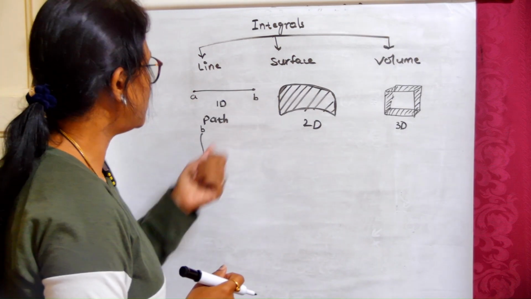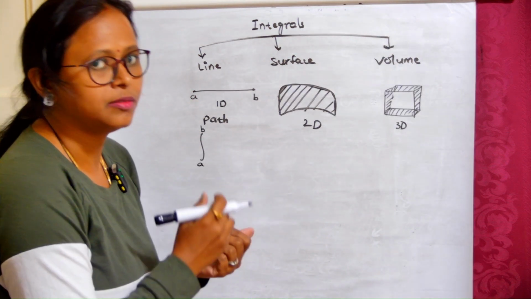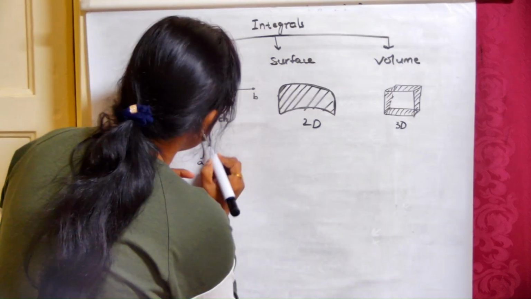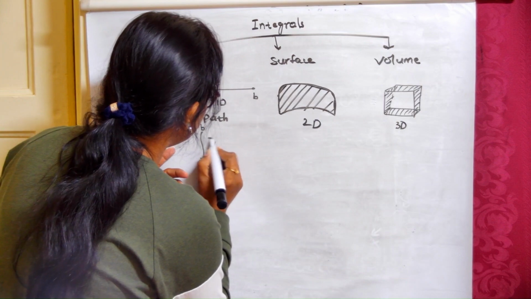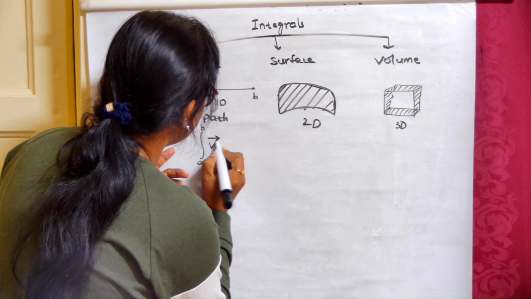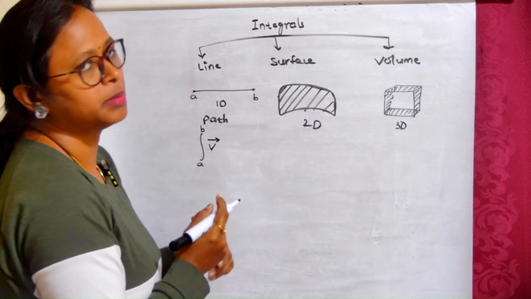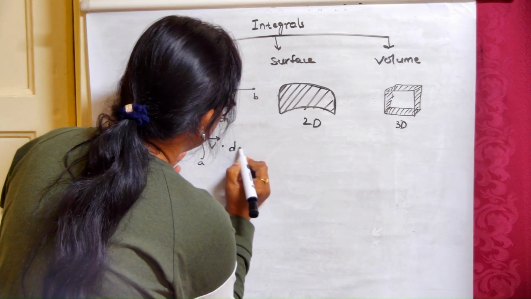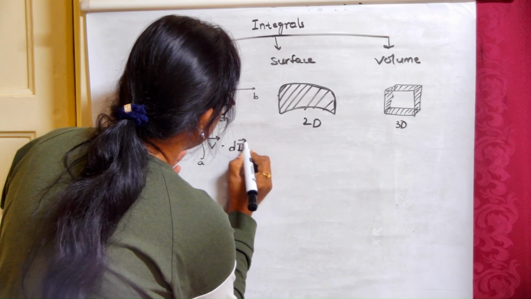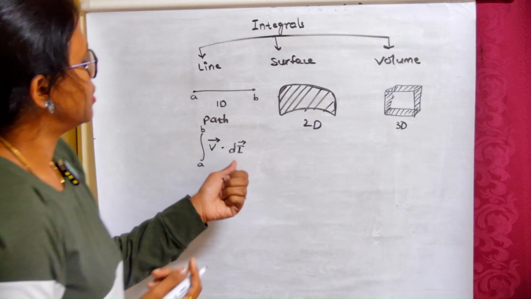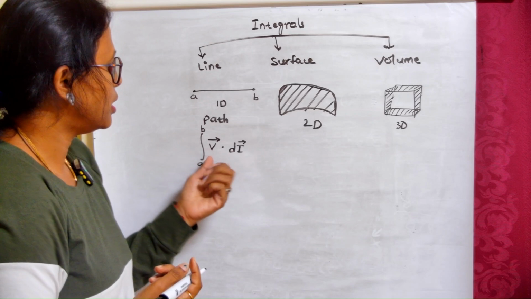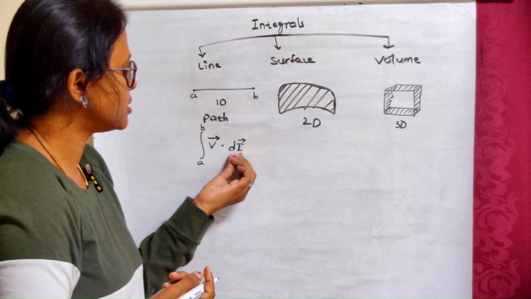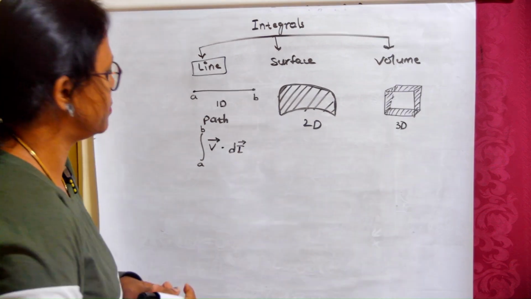This will be the boundary point. So we are going to integrate the function from point A to point B. And say for example, we have a vector field represented by V bar, and we are going to evaluate this vector field through an infinitesimal displacement.